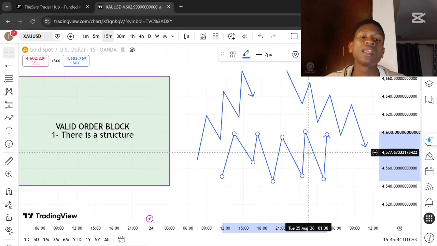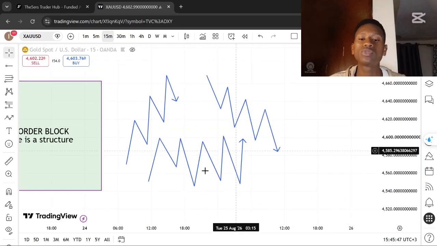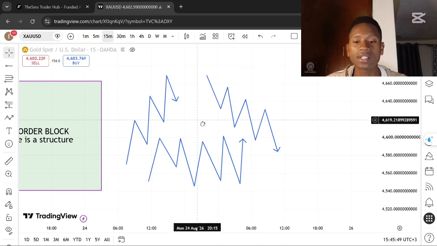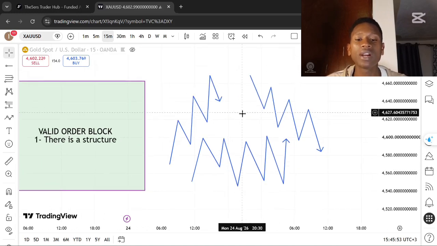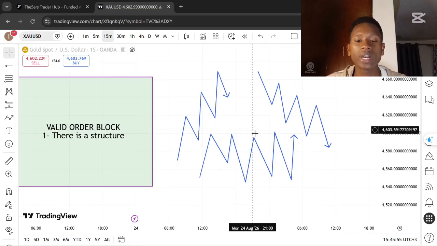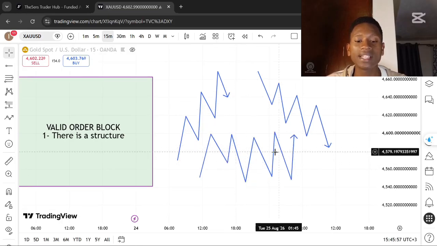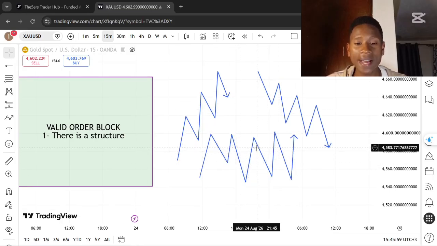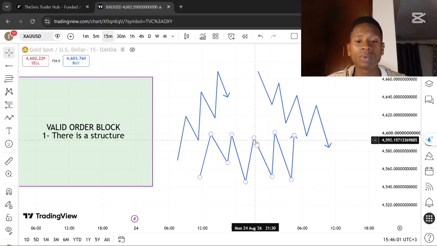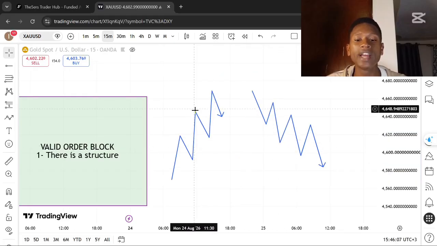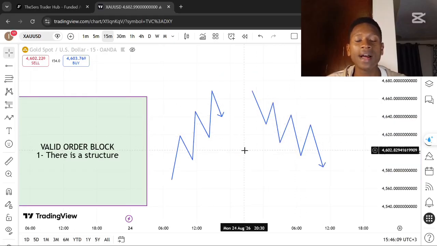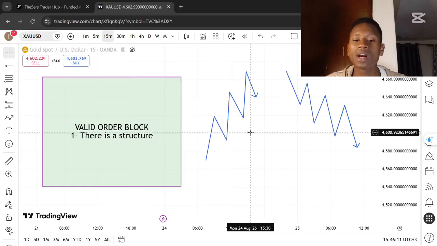Between these three market structures, you are not supposed to trade an order block when the market is in consolidation, because it's not going to work. You need to have the market either bullish or bearish.